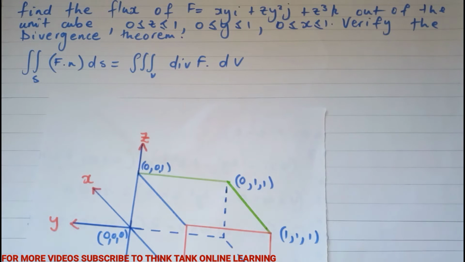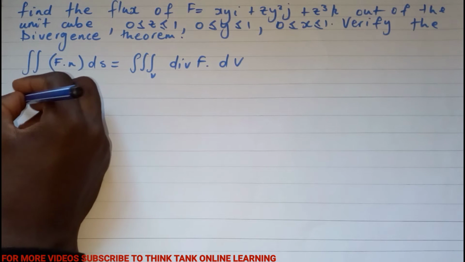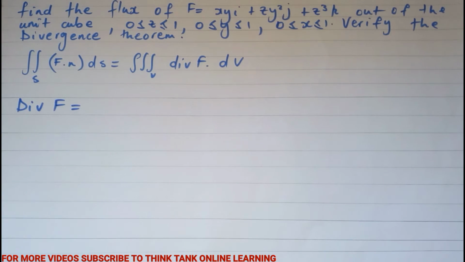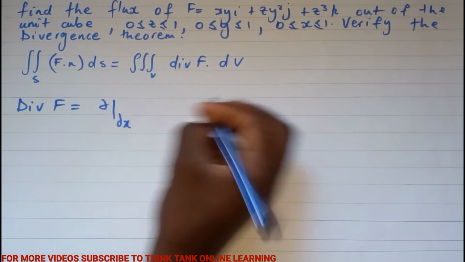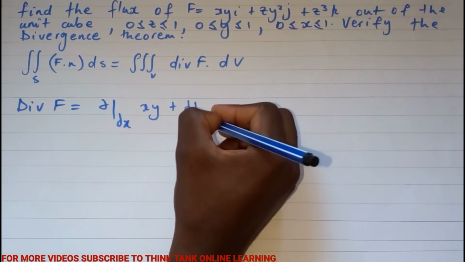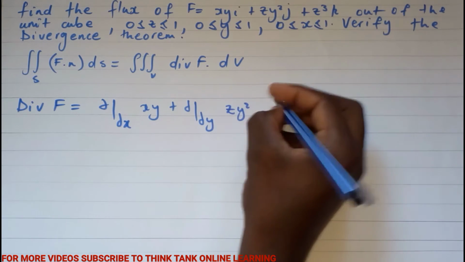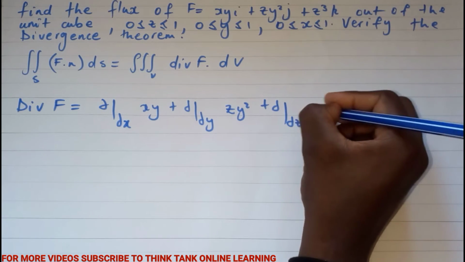First of all, I'm going to find the divergence. I'm going to say divergence of the vector function f. Divergence is just the dot product of the gradient with this vector function f. So I'm saying partial x of the i component, which is xy, plus partial y of the j component, which is zy squared, plus partial z of the k component, in this case z to the power 3.